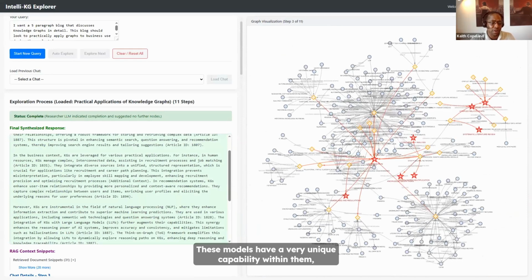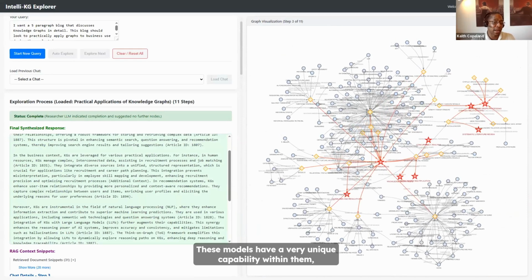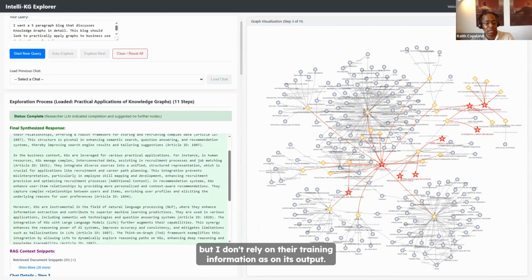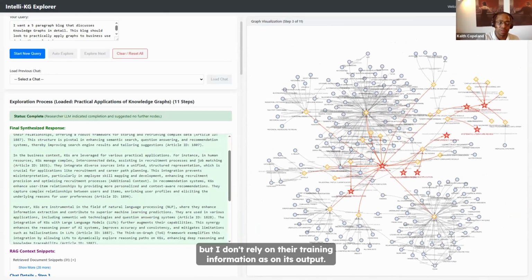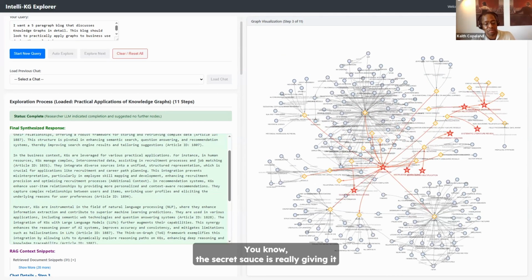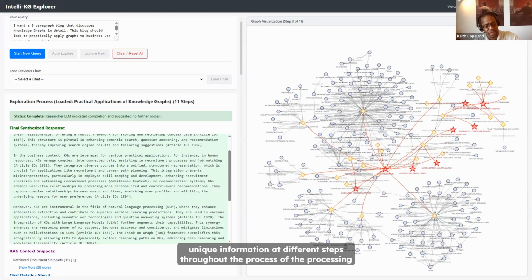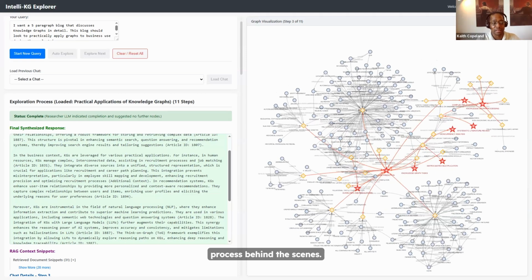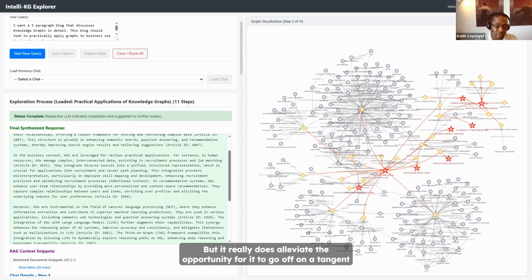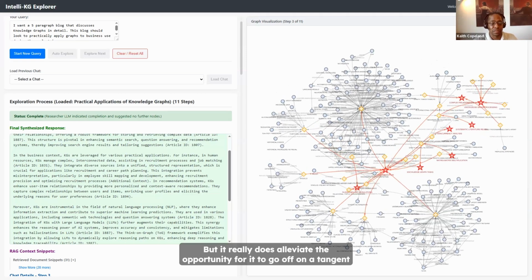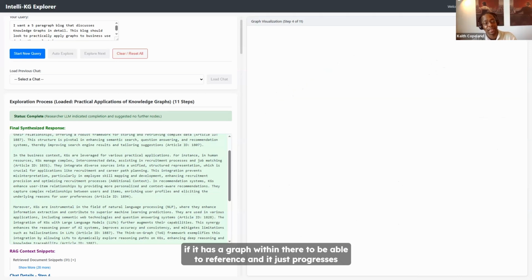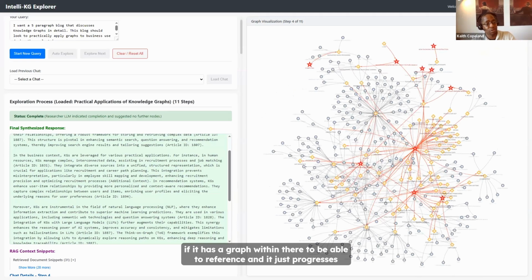These models have a very unique capability within them, but I don't rely on their training information as output. The secret sauce is really giving it unique information at different steps throughout the processing behind the scenes, but it really does alleviate the opportunity for it to go off on a tangent if it has a graph within there to be able to reference, and it just progresses through this.